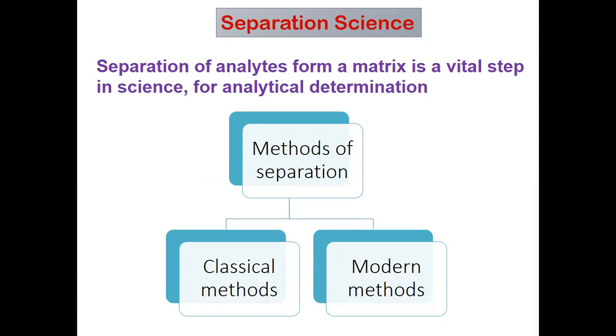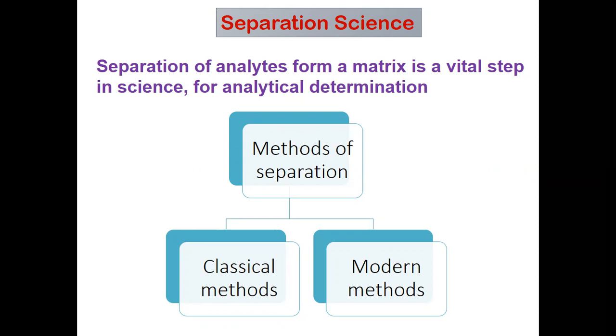Separation processes convert mixtures into their constituent parts. In general, separations are based on differences in physical and chemical properties like shape, density, size, mass, boiling point, and chemical affinity.